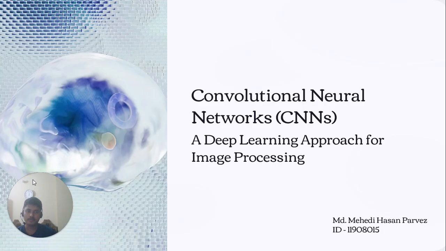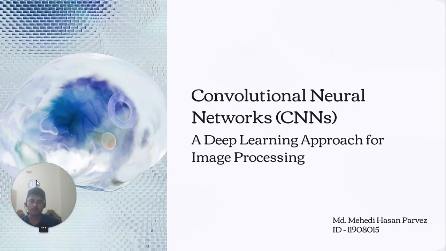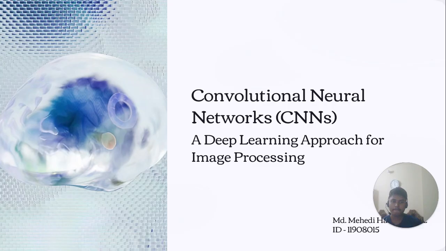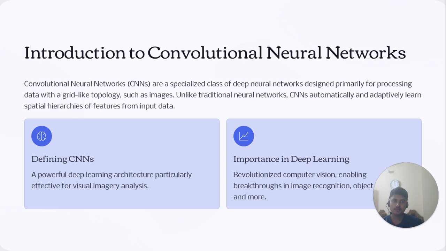Today I am going to introduce convolutional neural networks, or CNNs. Basically, they're a deep learning approach built specifically for image processing, learning to detect edges, textures, and shapes directly from pixels. So, a CNN is a deep learning model basically developed for grid-like data, especially images.